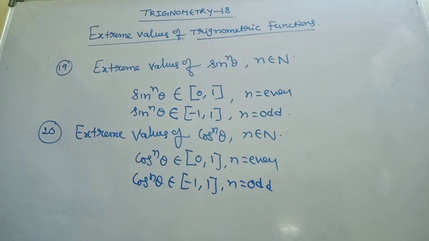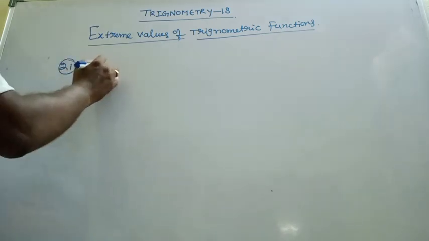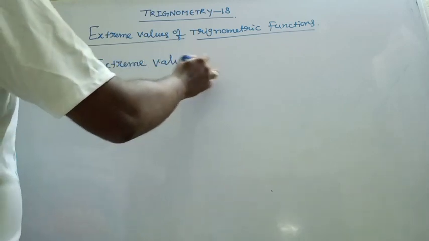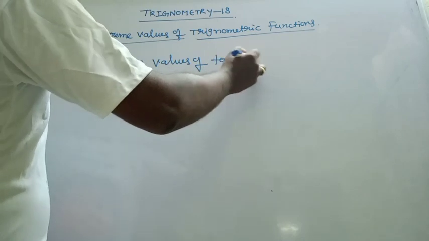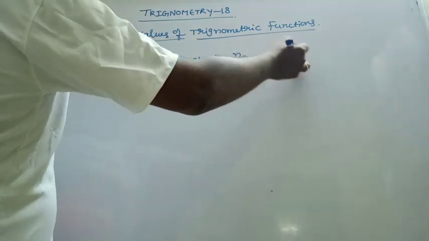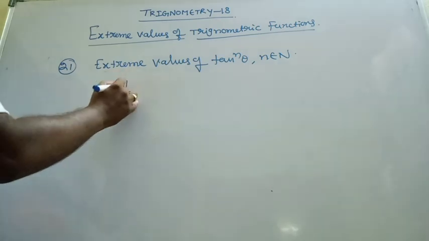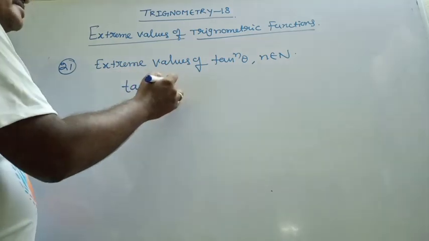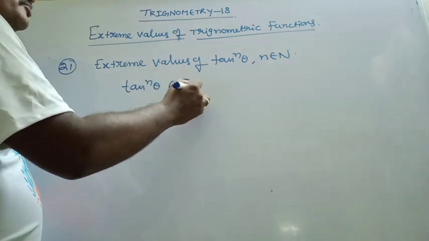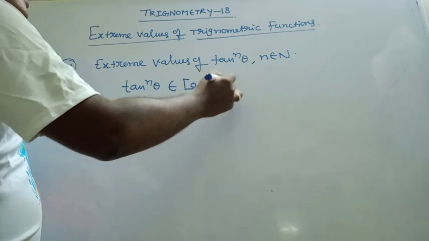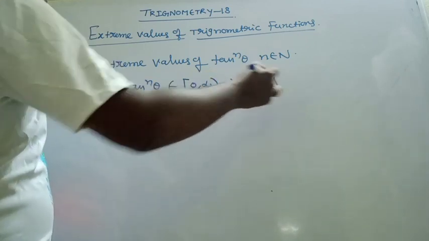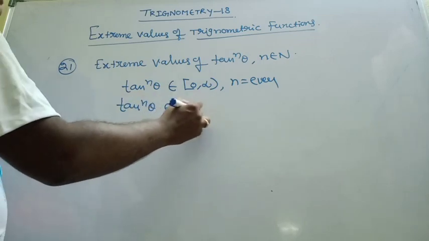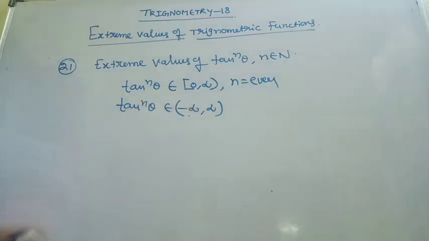Now the extreme values of tan power n theta, where n belongs to the natural numbers. We have observed that tan square theta, when n is even, belongs to all positive real numbers, 0 to infinity, and tan power n theta belongs to minus infinity to plus infinity when n is odd.